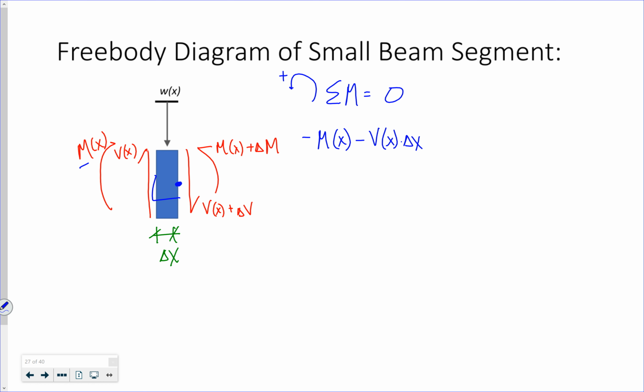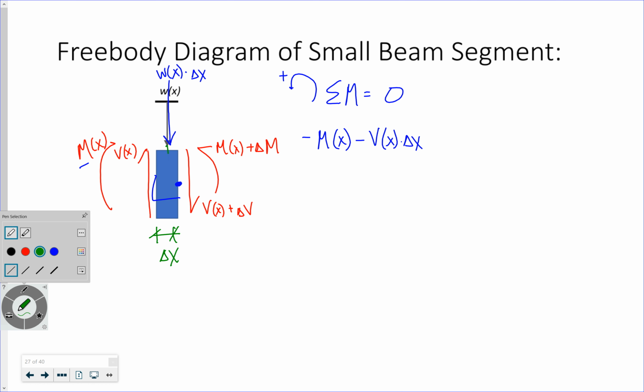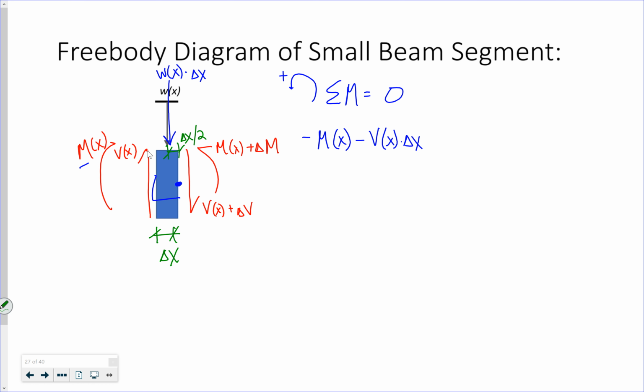I also have this W of x resultant, W of x times delta x, and it's acting at a distance delta x over 2.